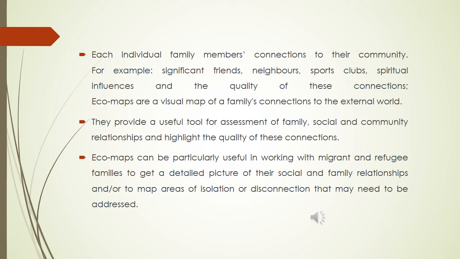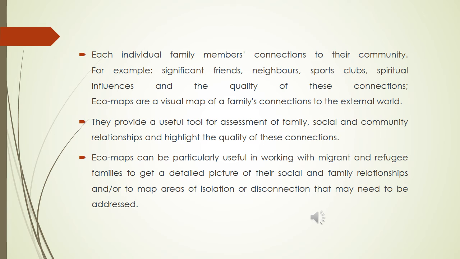It can be particularly useful in working with migrant and refugee families to get a detailed picture of their social and family relationships, and to map areas of isolation or disconnection that may need to be addressed.